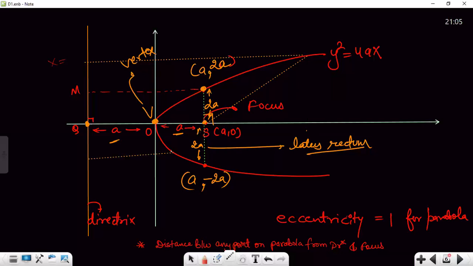This distance and this distance are always going to be equal. Do you get this point? Yes, sir. I hope I do not lose my diagram.